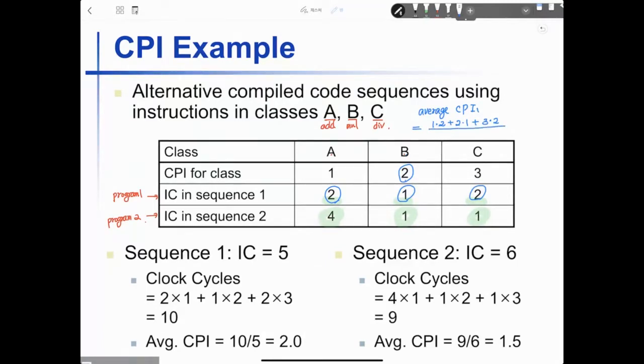And how many instructions for program 1? 5. 2 plus 1 plus 2. So CPI is 2. What about program 2? What is the average CPI?